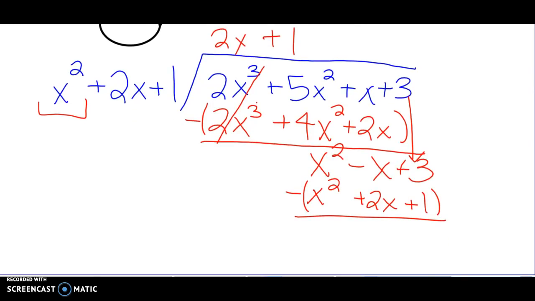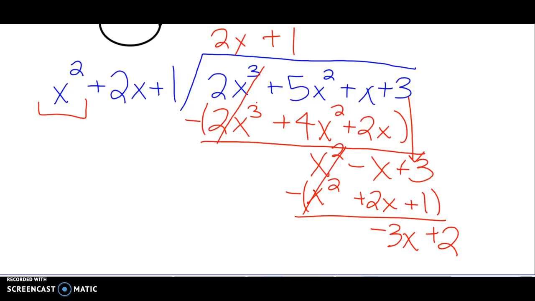When you subtract down, these cancel. Negative 1x minus positive 2 leaves you with negative 3x. 3 minus 1 is 2.